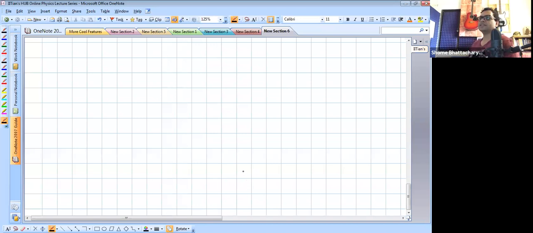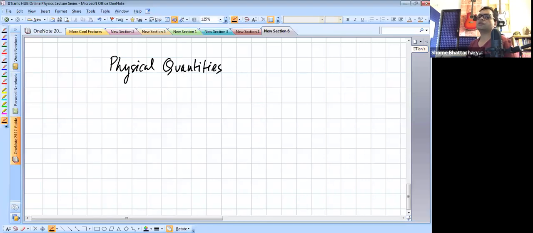Now with this example in place, we are in a position to define exactly what a vector quantity is. All physical quantities, and we understand that physical quantities are quantities that can be measured, are the quantities that we deal with in physics. A non-physical quantity would be something that we cannot measure, so that is not part of our domain of physics.